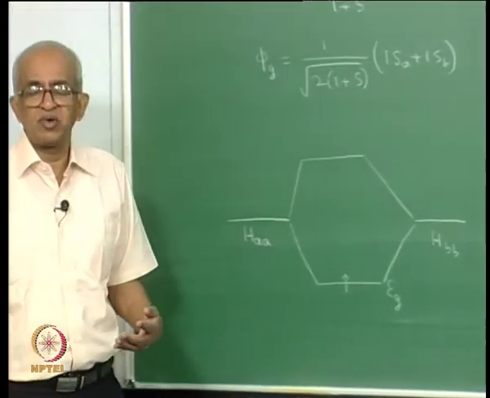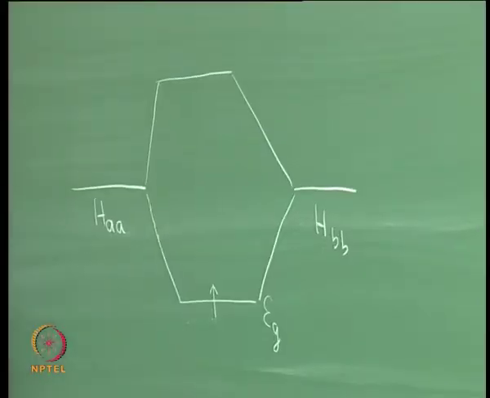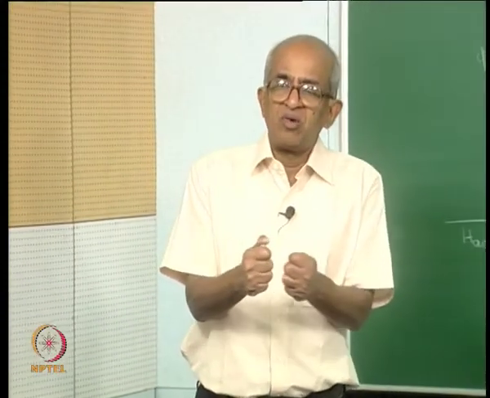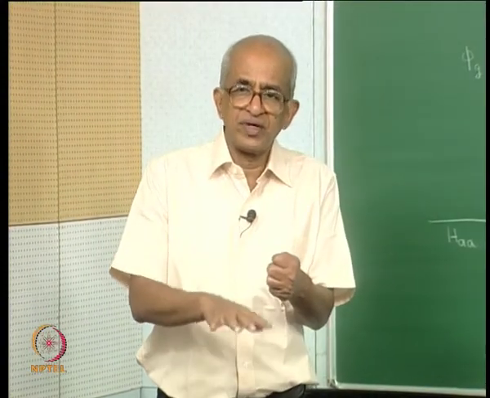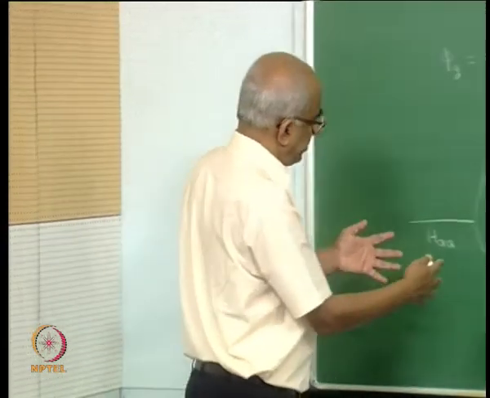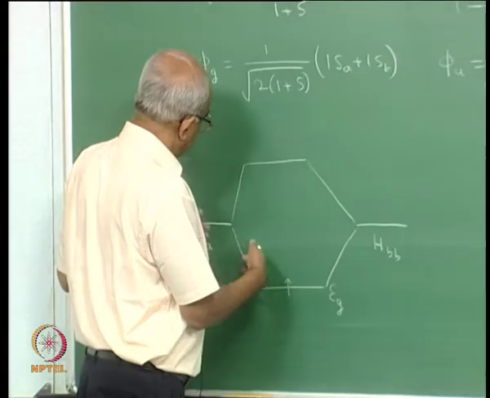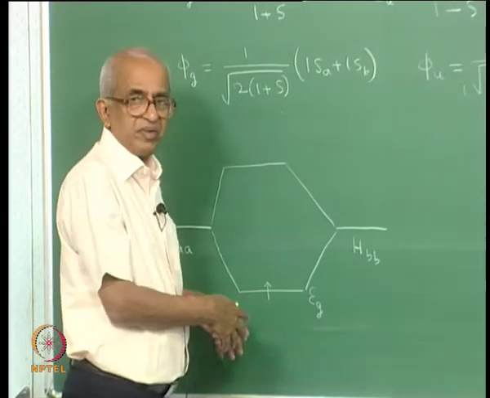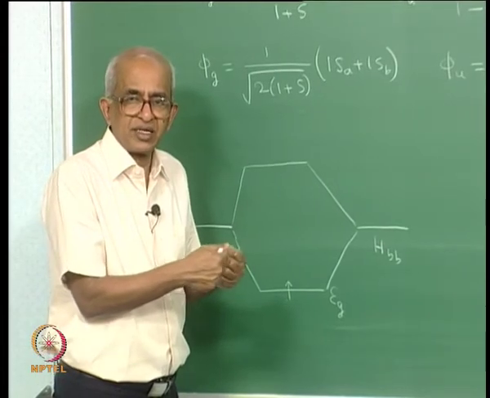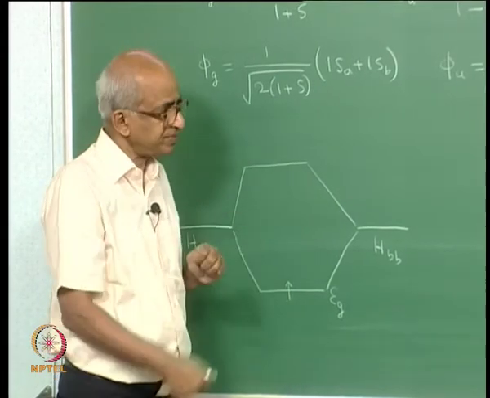I say that it is bonding because its energy is lower in comparison with the energies of the two atomic orbitals. So, it is advantageous for the system to form molecular orbitals, because that will lower the energy of the system. And so, because the electron sits in this orbital which is lower than either one of the atomic orbitals, there is attractive interaction between the two species, resulting in the formation of a bond.